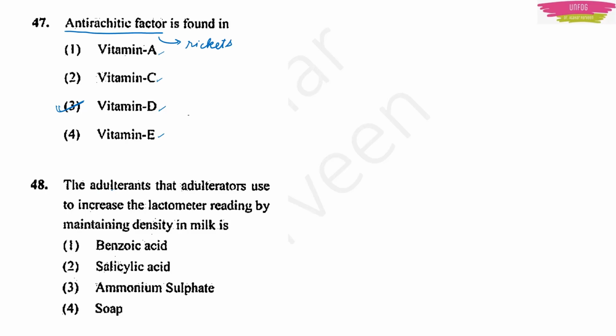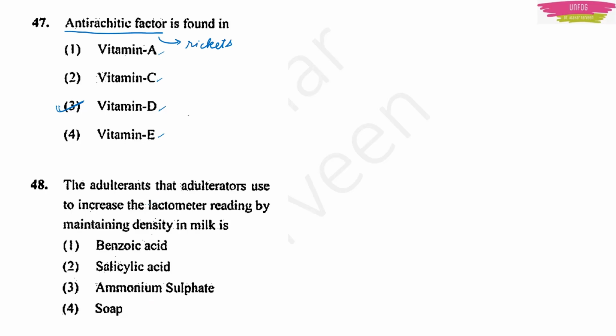Next question, the adulterant that adulterators use to increase the lactometer reading by maintaining the density in milk is option 1, benzoic acid, option 2, salicylic acid, option 3, ammonium sulfate, and option 4, soap.